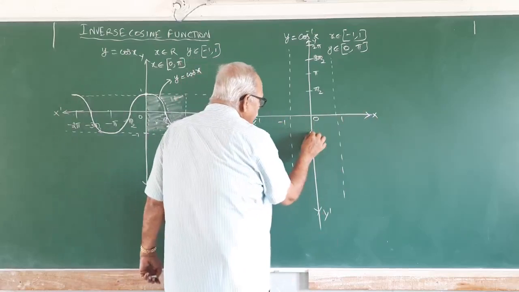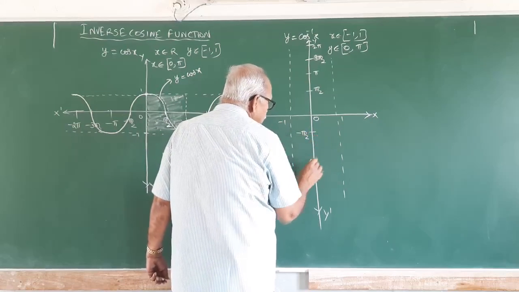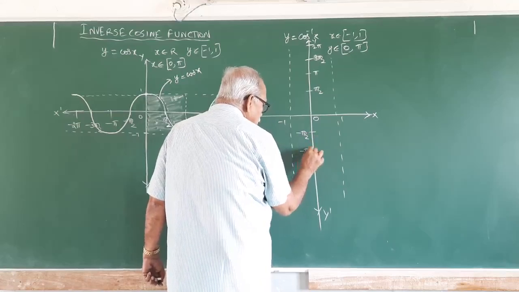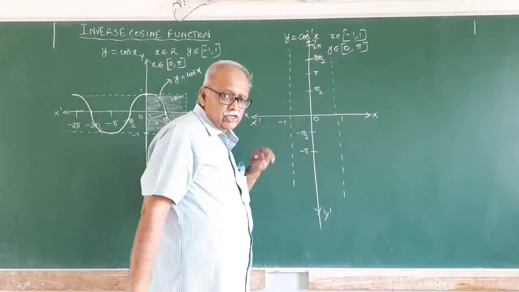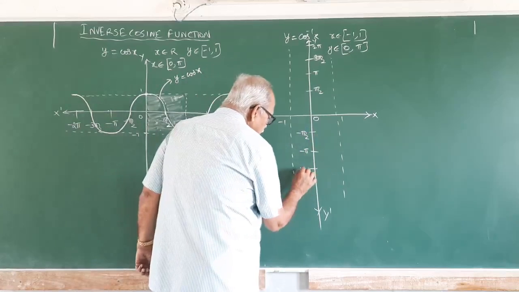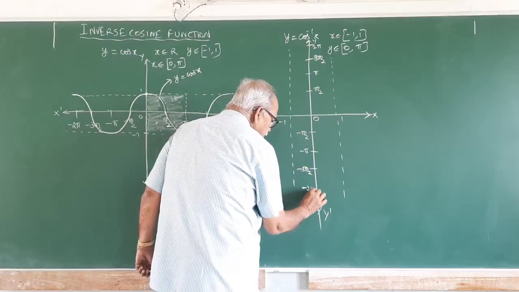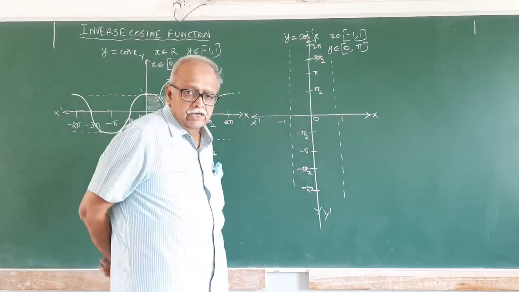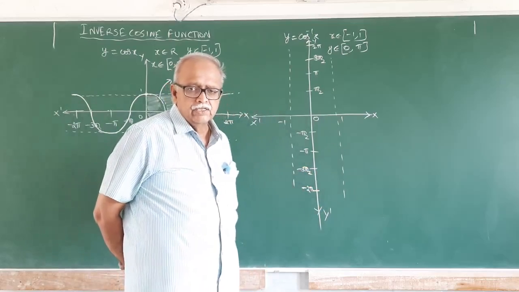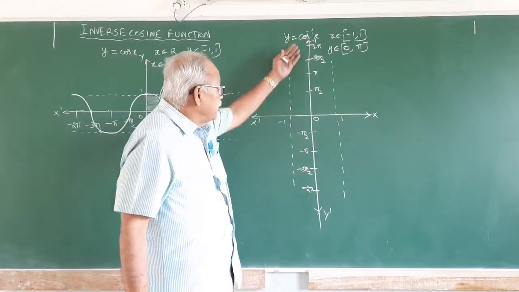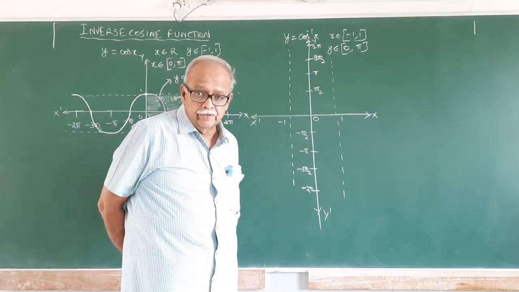Below the x-axis we will have minus pi by 2, minus pi, minus 3 pi by 2 to minus 2 pi. For all the graphs that I am going to draw, we are going to follow the same method. That is minus 2 pi to 2 pi. We are taking the graph.